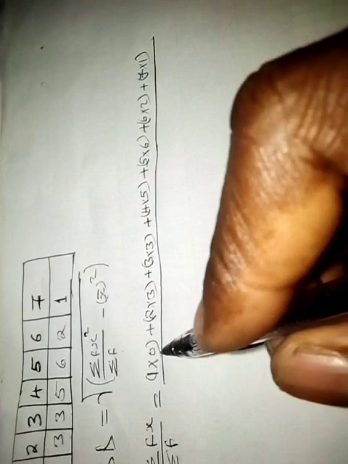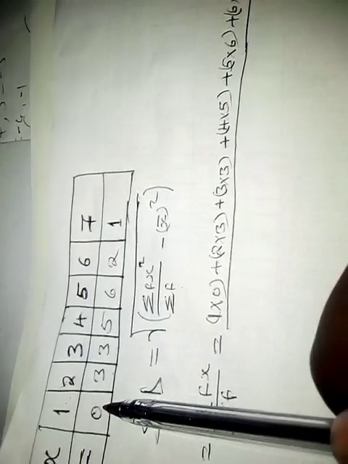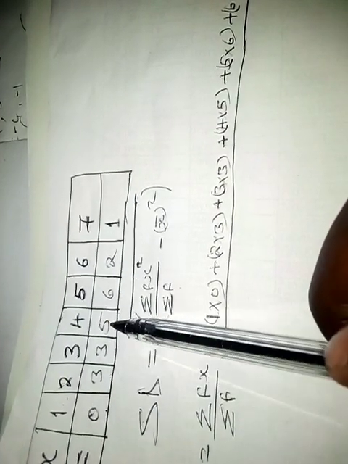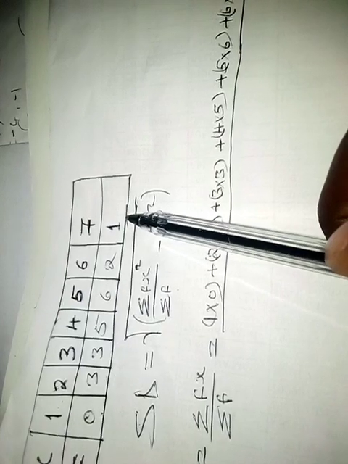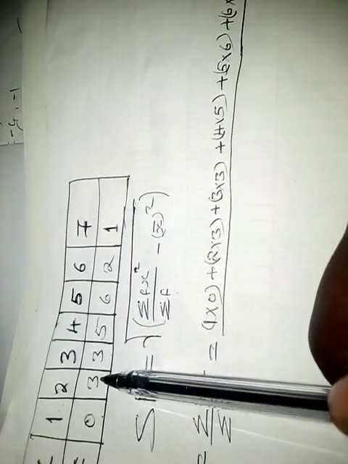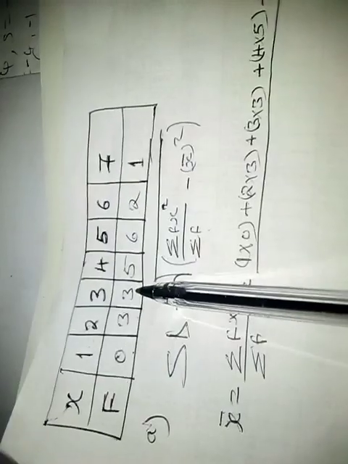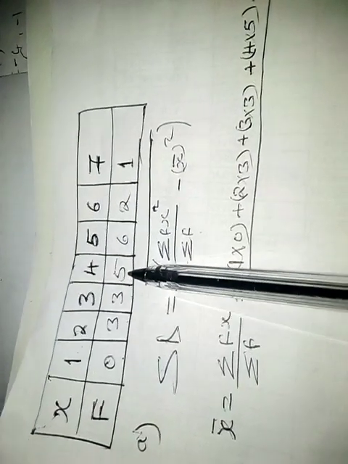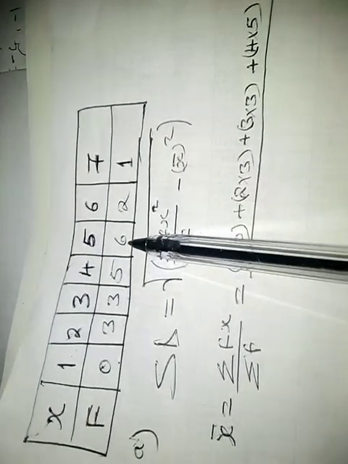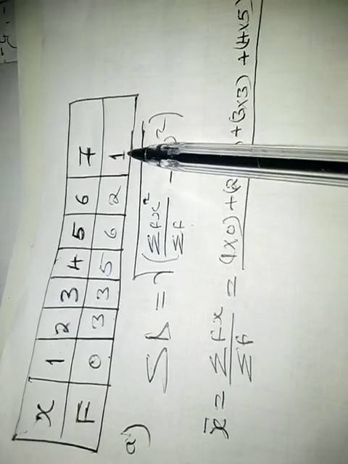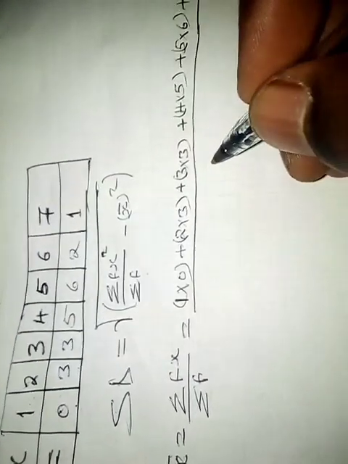Then everything will divide by the total number of frequencies. So the frequencies we see, we have 0 plus 3 plus 3 plus 5 plus 6 plus 2 plus 1. Okay, so see that if we say 0 plus 3, it will be 3, plus 3, that is 6, plus 5, that's 11, plus 6, that's 17, plus 2, that is 19, and plus 1, that is 20. So everything we divide all over by 20, then we get going.